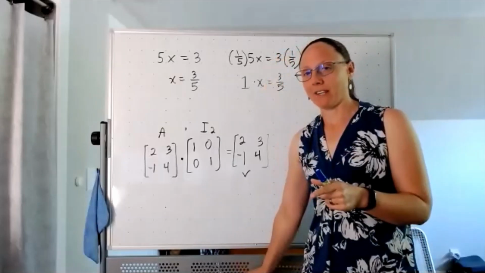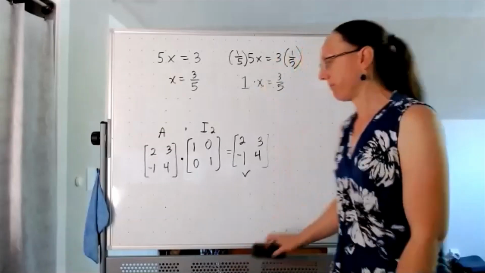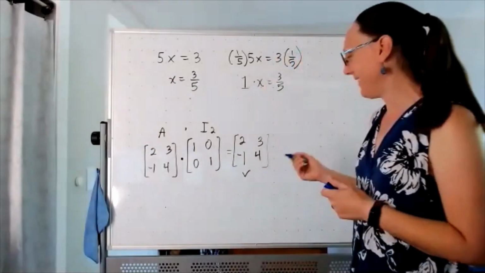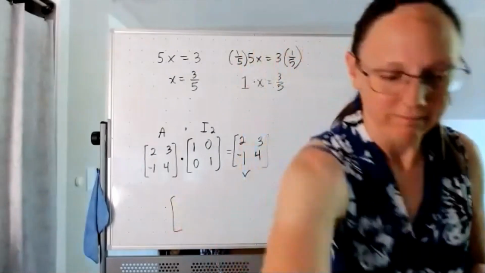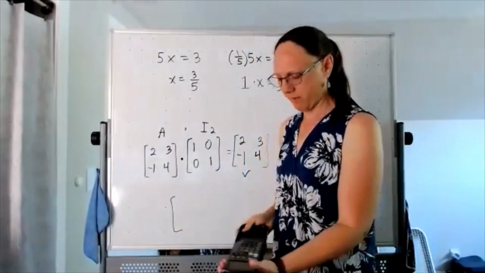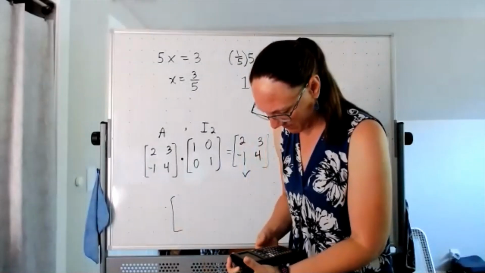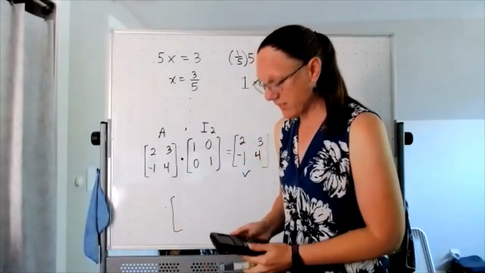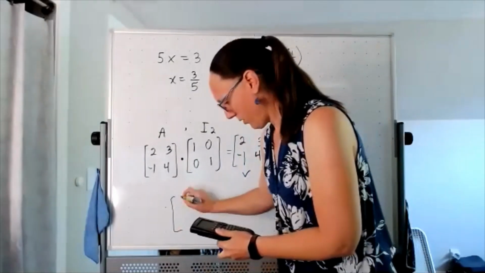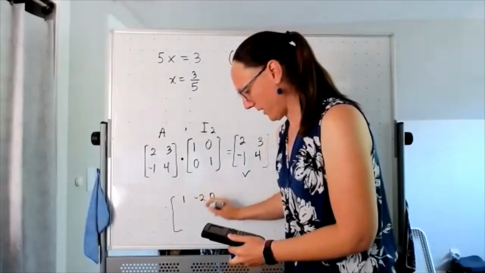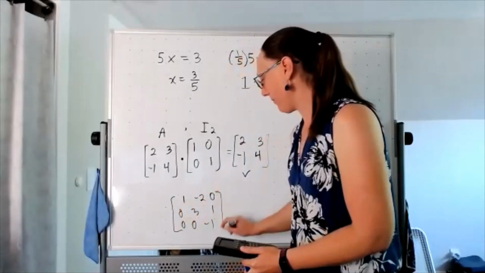Now I'm regretting that I erased my example problem, but you all have it on your paper. The matrix that I gave you to start with for our warm-up, I gave us the matrix 1, -2, 0, 0, 3, 1, 0, 0, -1.